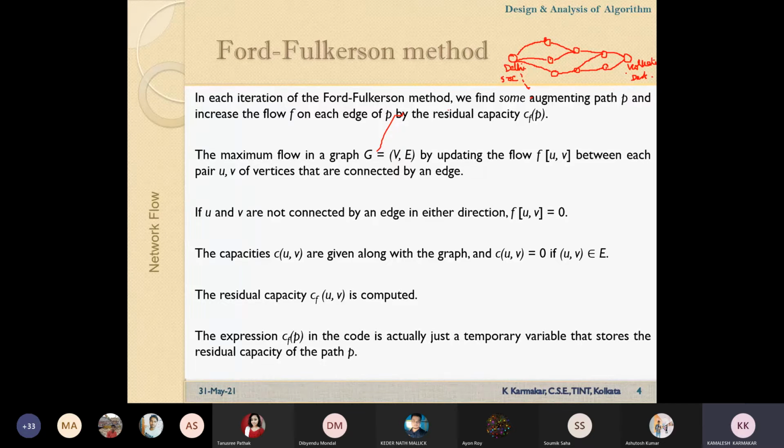It is connected via multiple intermediate cities, and we have multiple routes from Delhi to Kolkata.